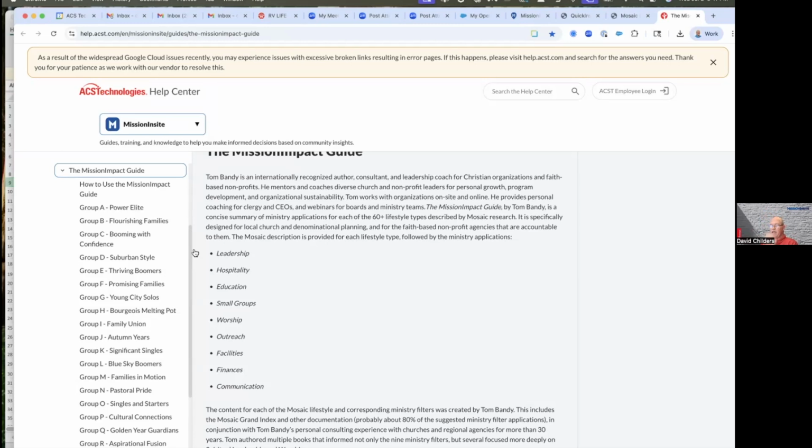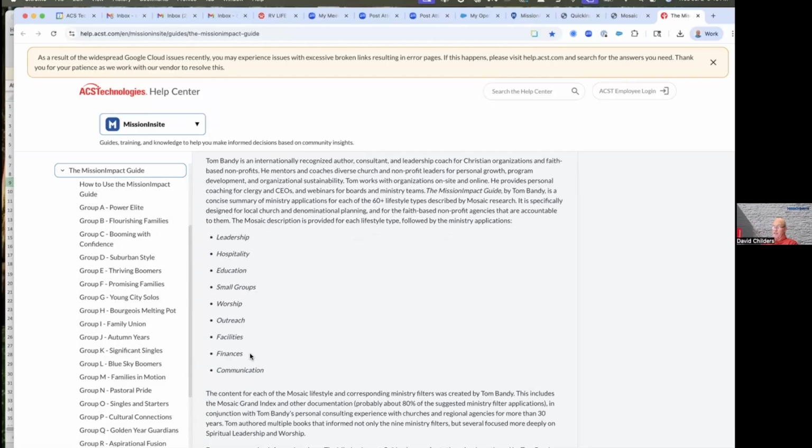He has broken each one of these segments down into leadership qualities, hospitality qualities, and education to expect to find in a BO7. What should I be doing for small groups in a BO7 kind of community? What style of worship should there be? What is the best way to do outreach, the best way for facilities to look to meet the needs of a BO7?